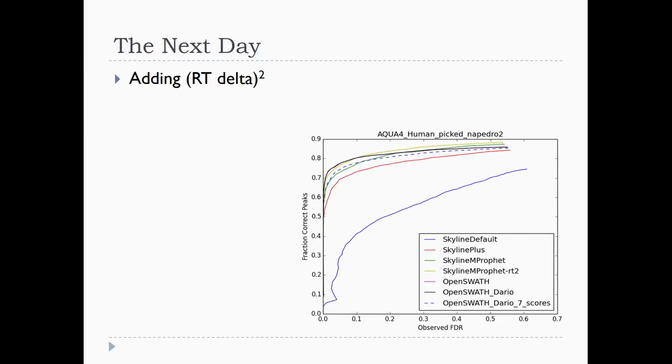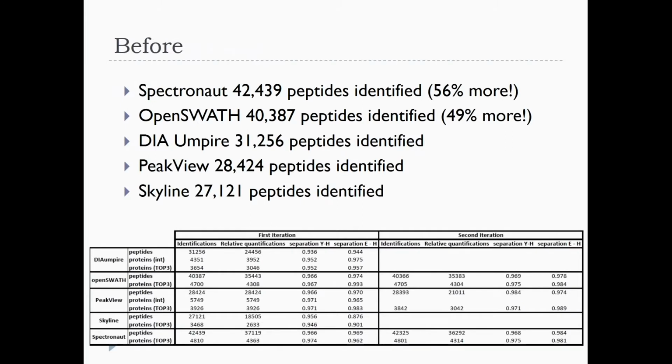We added retention time delta squared. We already had retention time delta, but we thought squared might be a replacement for it, because we were thinking about least squares and stuff like that. And we ended up thinking, oh, maybe they work best together. And we still have retention time squared, and I'm going to call into question whether it was a good idea.